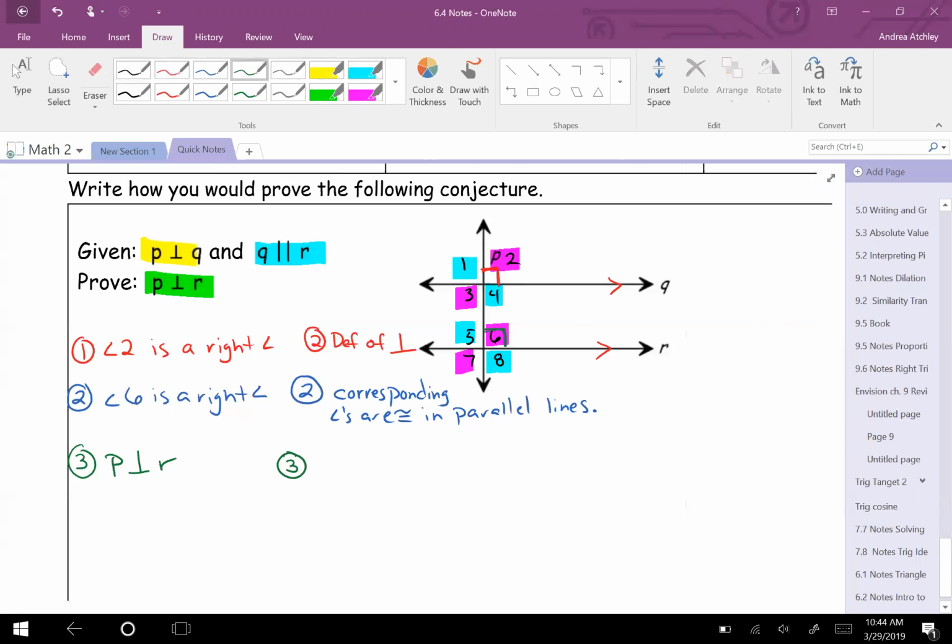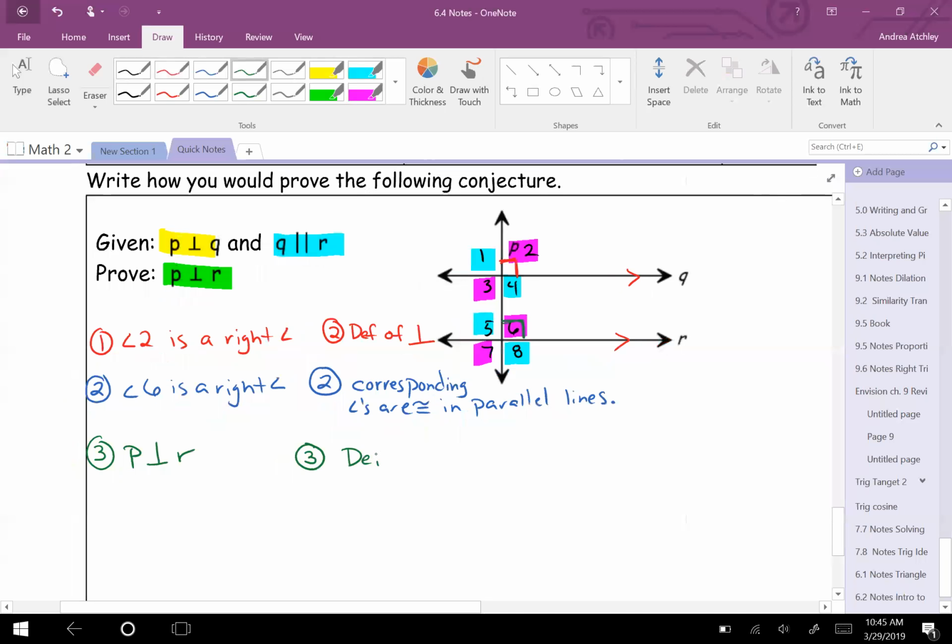Very good. And that's what the definition of perpendicular line is again. So I'm going to use that reason again. It's the definition of perpendicular. So if 6 is a right angle, then those lines that intersect have to be perpendicular.